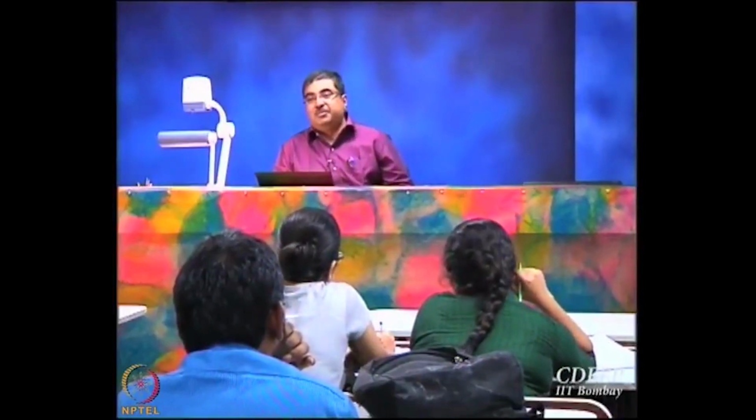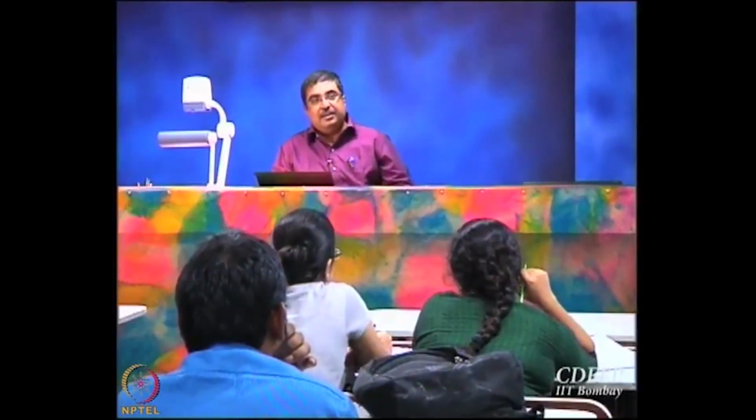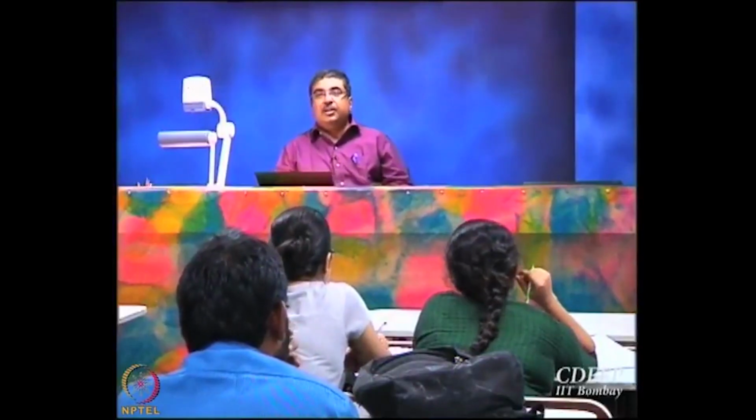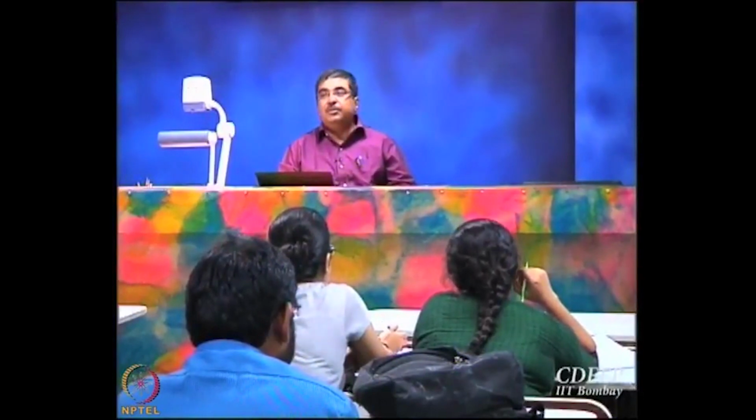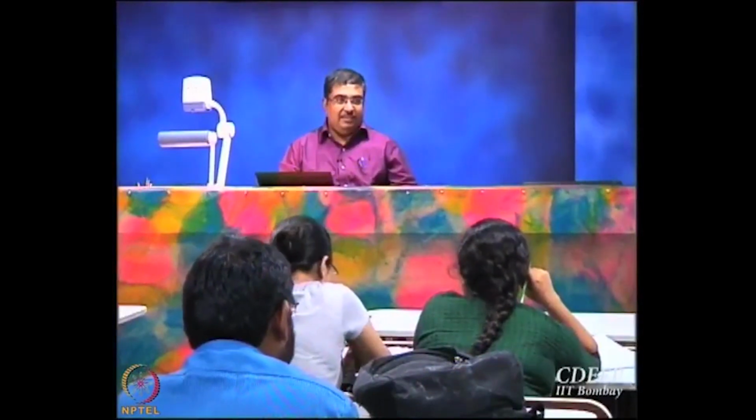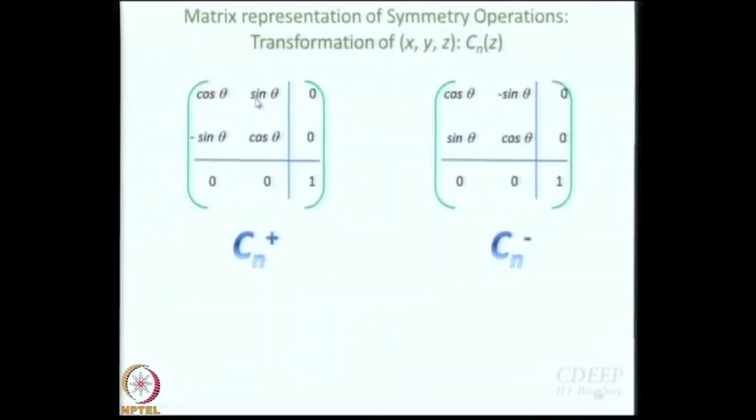Diagonal elements denote the contribution of a particular vector into its own transformed form, right? And off diagonal elements, the contribution of a vector in the transformed form of another vector, right? So this sin theta, for example, there is a contribution of y in x dashed, right? x dashed, y dashed is equal to cos theta sin theta, minus sin theta cos theta multiplied by x y.